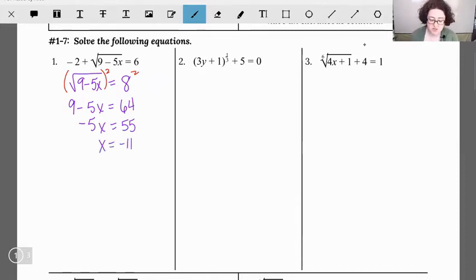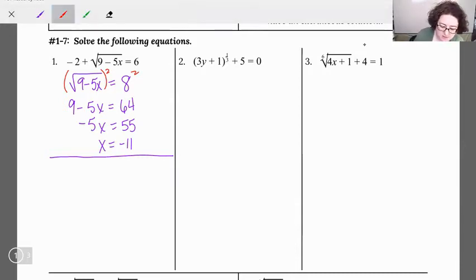So now let's go through and check our work. Again, keep in mind, I did not have a radical equal a negative number, but I still got a negative answer. As long as I check my work and everything checks out, I'm still good to go. So plugging into our original problem, let's do -2 plus the square root of 9 minus 5 times -11.